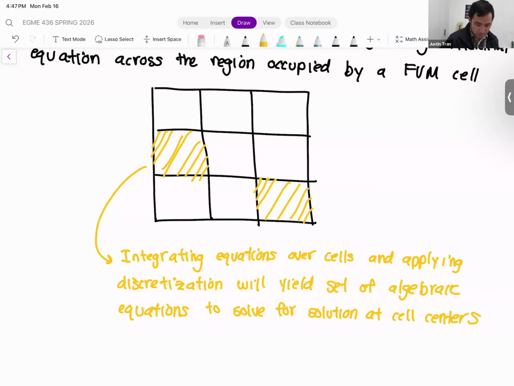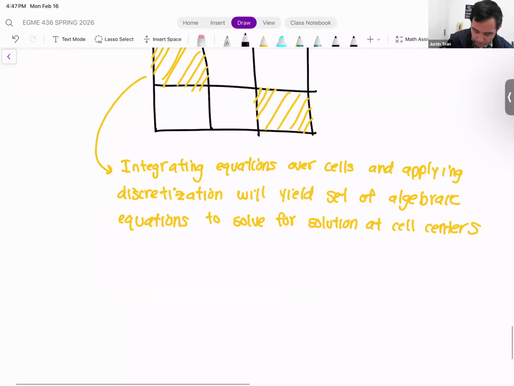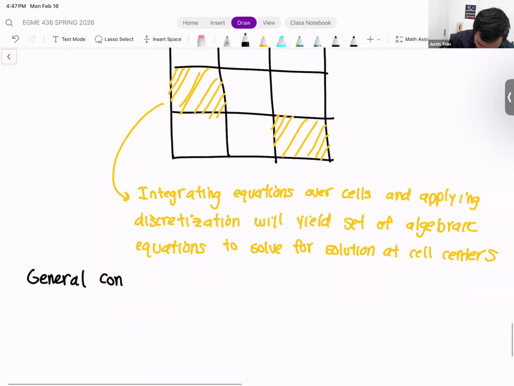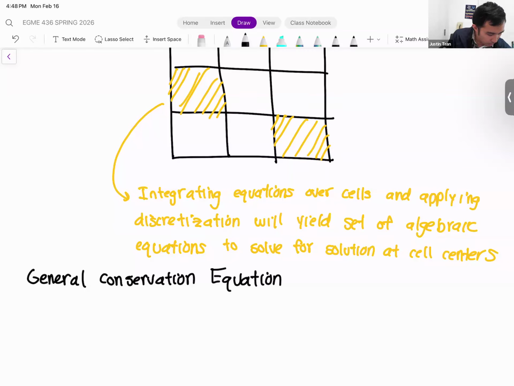Okay. All right. So let me give you a preview of what this looks like mathematically, but we'll go into more details about it on Wednesday. So if you're given your general conservation equation, I'm going to put it in a different form, vector form.